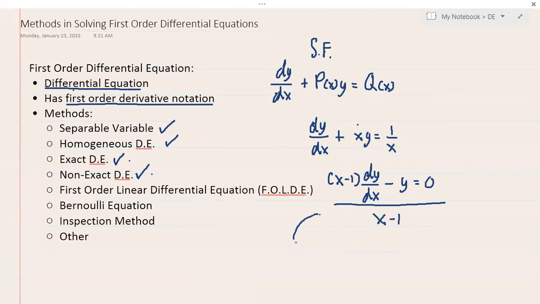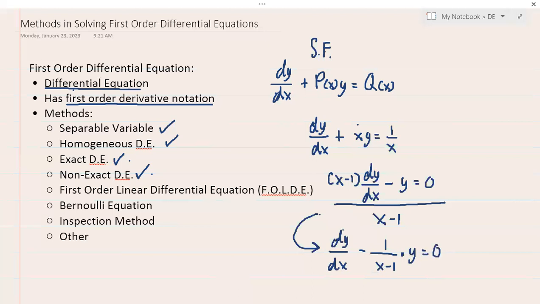What will happen is that we will have dy all over dx minus y all over x minus 1 is equal to 0. And try kong ibaba si y sa gilid. Ano mangyari kapag binaba ko si y sa gilid? So mangyari dyan, we will have dy all over dx minus 1 all over x minus 1 times y is equal to 0.